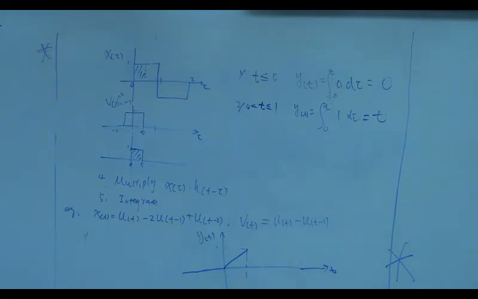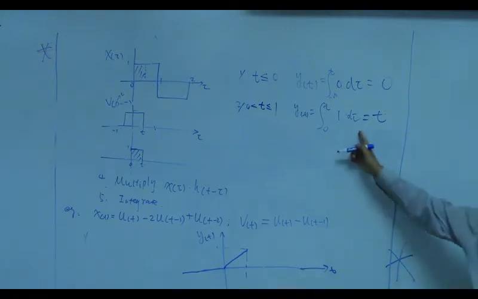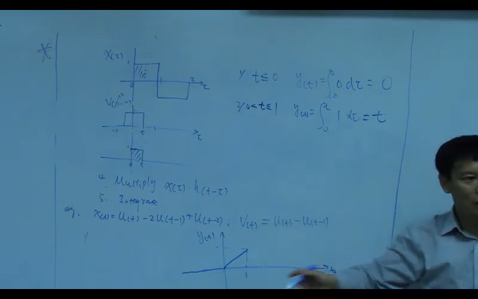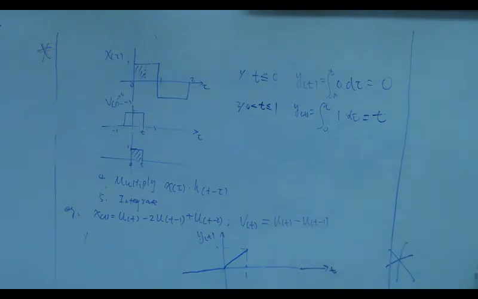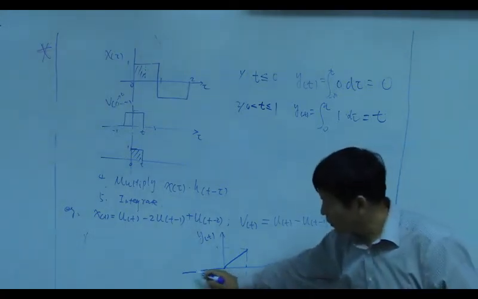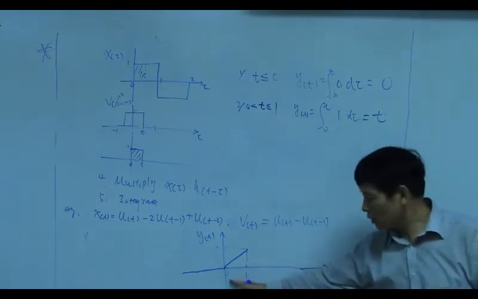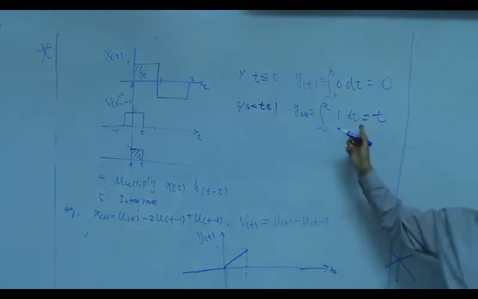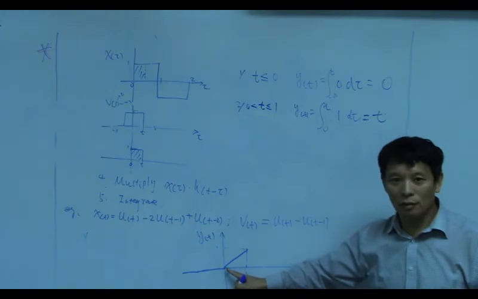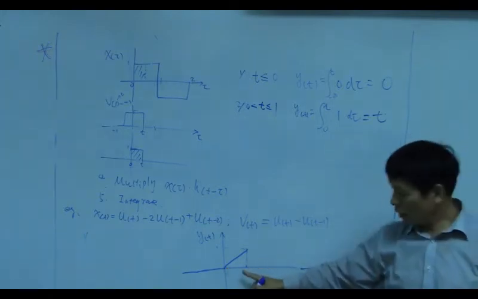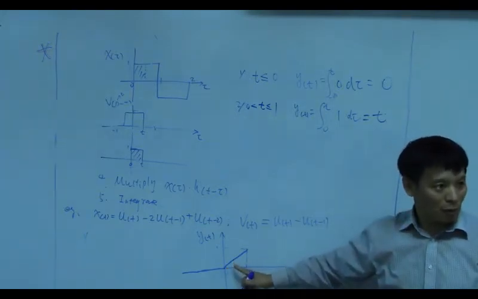Question? That is the mathematical representation. This is our graphical one. Before t equals 0, we don't have anything. Between 0 and 1, the output is just t. So when t equals 0, that equals 0. When t equals 1, that equals 1. When t equals 0.5, that equals 0.5.